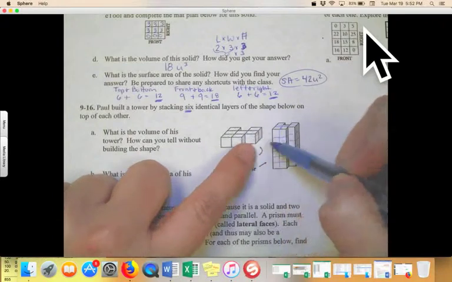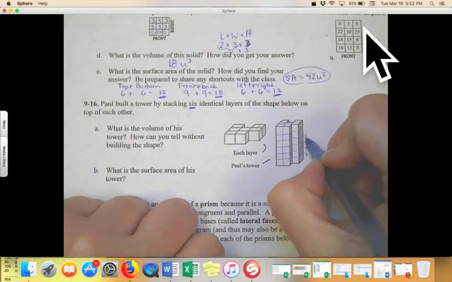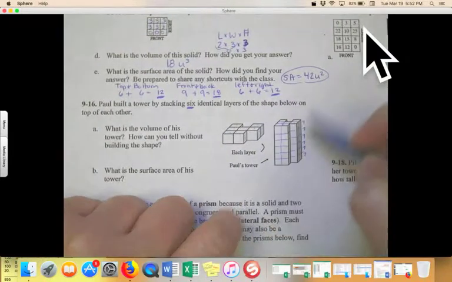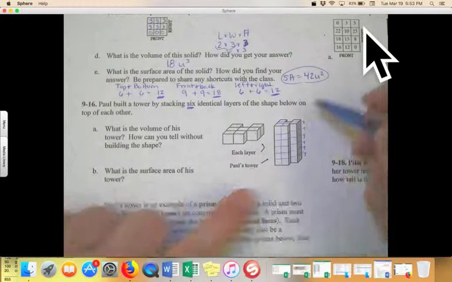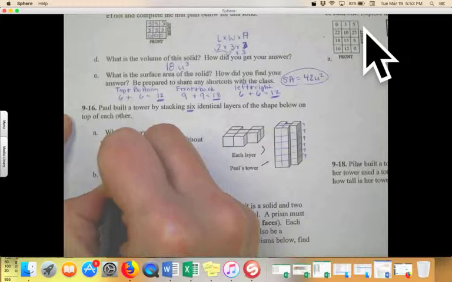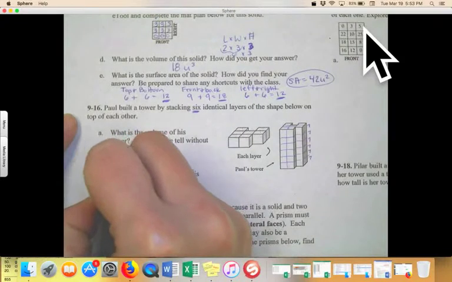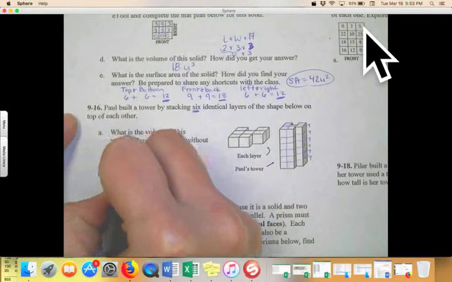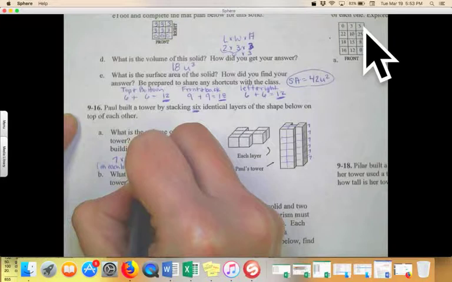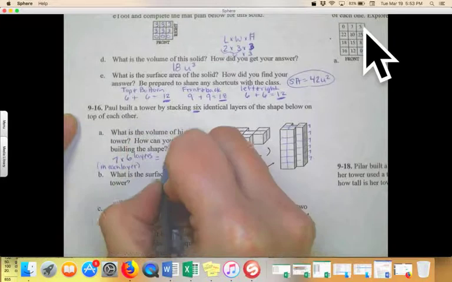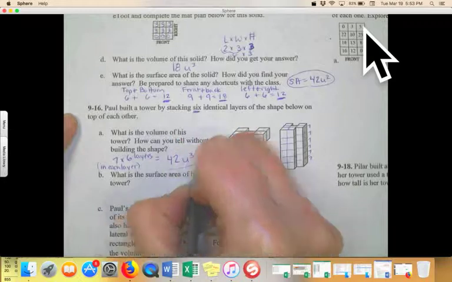If there are 7 cubes in each layer, and I've got 6 of those layers, then I've got 7 times 6. So 7 in each layer times 6 layers will give us 42 cubic units for our volume.